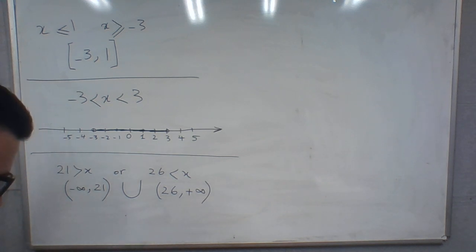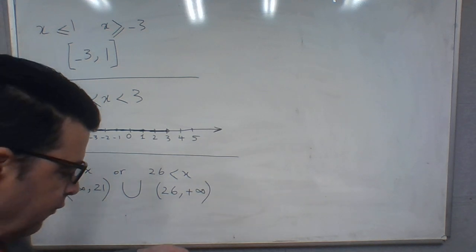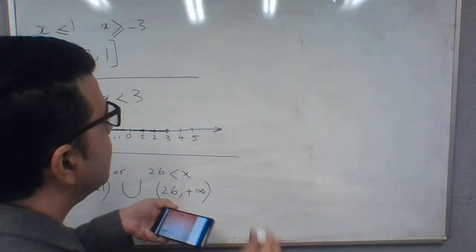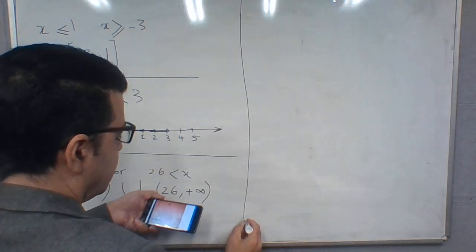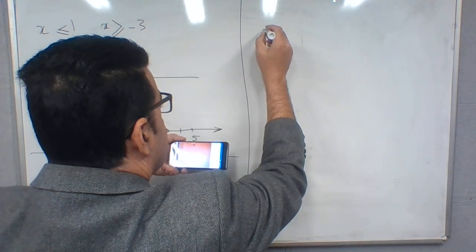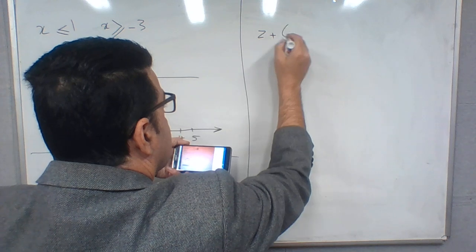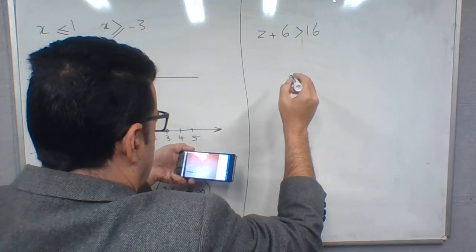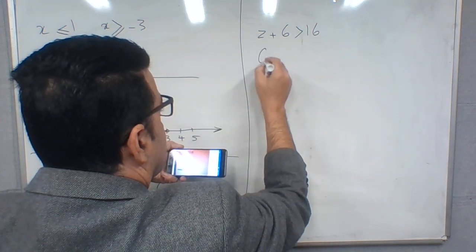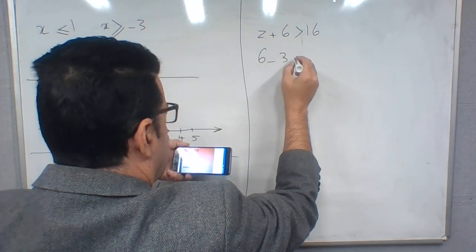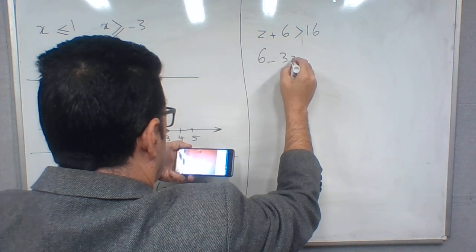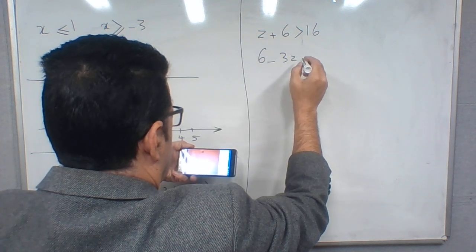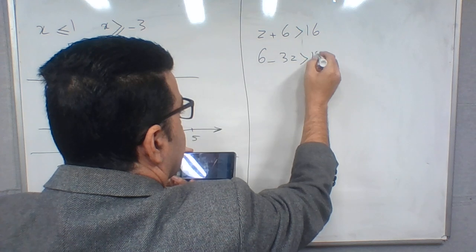This problem says solve for z. Okay. What are the inequalities? z plus 6 greater than 16, or 6 minus 3z greater than 15.